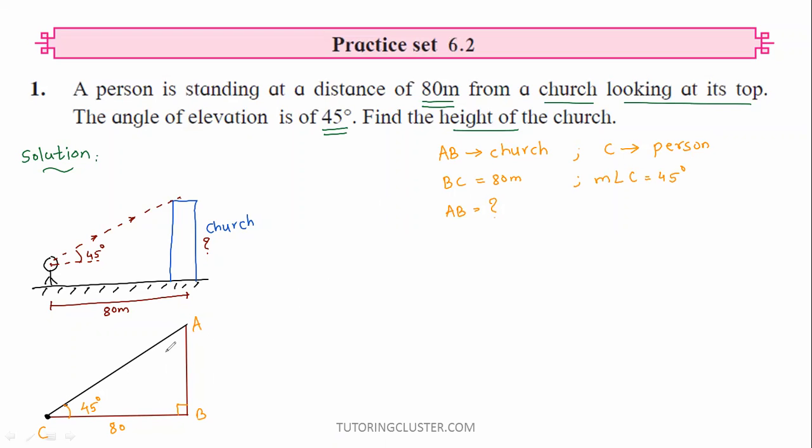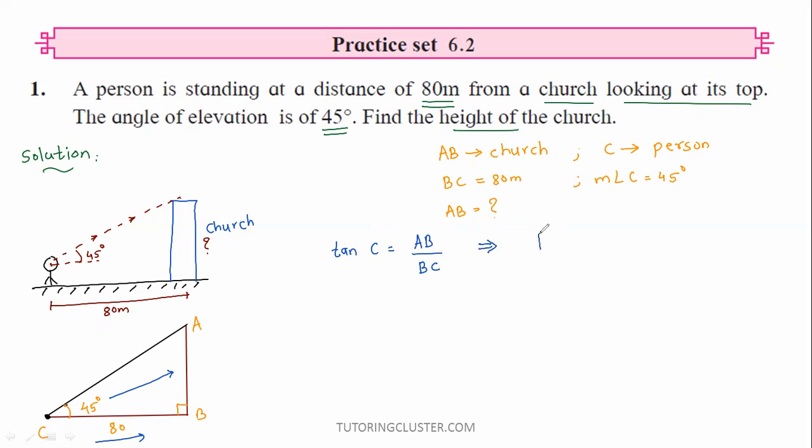Very simple. If I apply our basic trigonometric ratio, what will be tan of C? What is tan? Opposite side divided by adjacent side. What is the opposite side? AB. What is the adjacent side? BC.